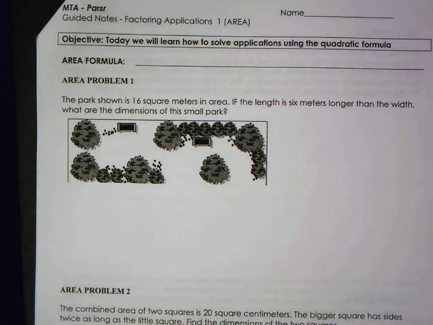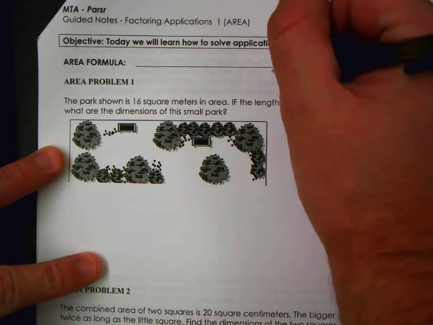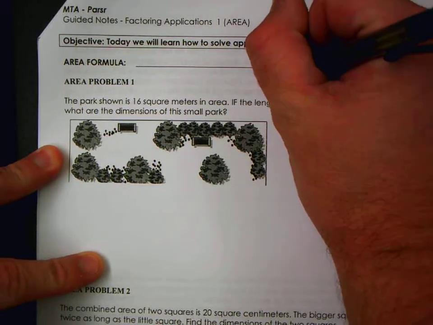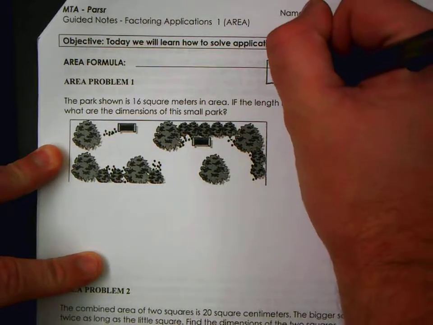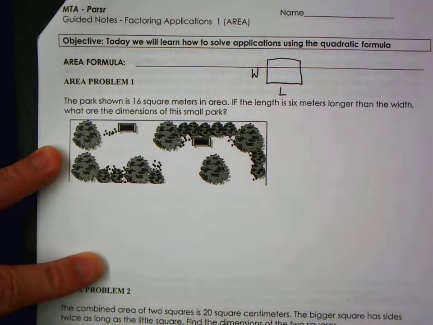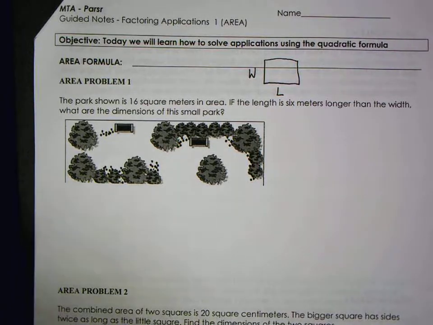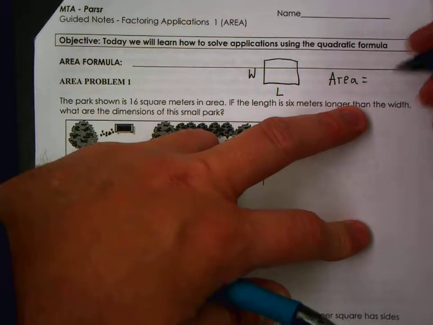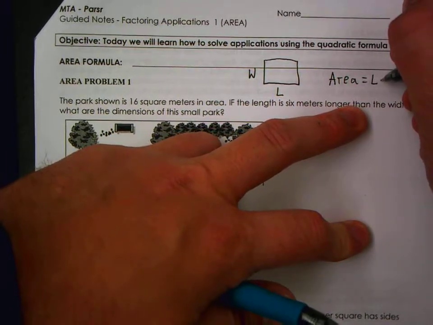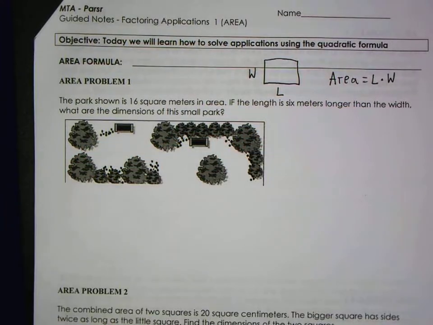That says if you have a rectangle, and say this is the length and this is the width, an area equals length times width. And because you're taking length times width, that's two variables, it's going to end up being to the second power, which is now solving using quadratics.